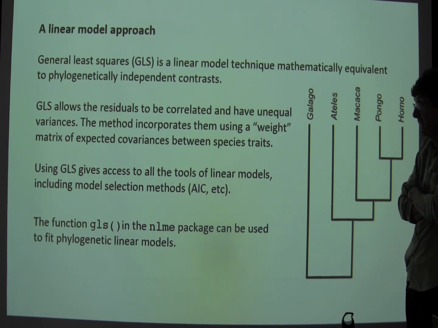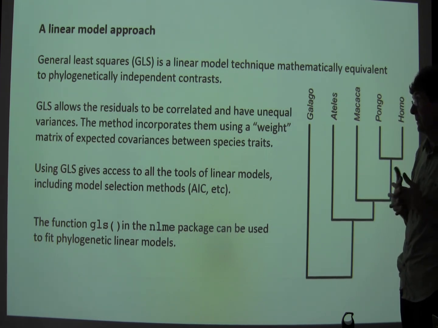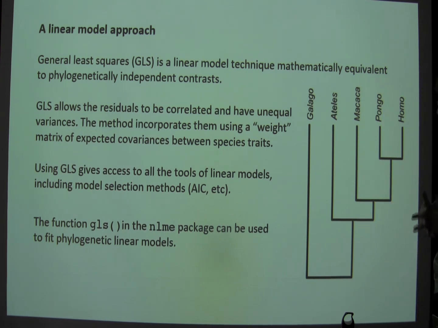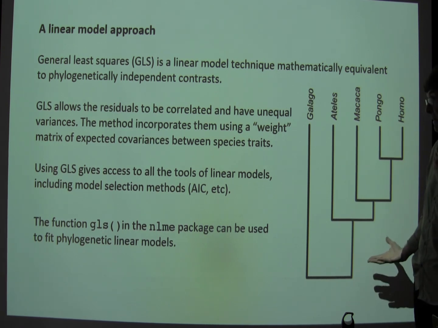And we can't just calculate their covariances from the x and y traits. We need to have some kind of a model that tells us what they are or what they're expected to be. And in this case, we know what they are.